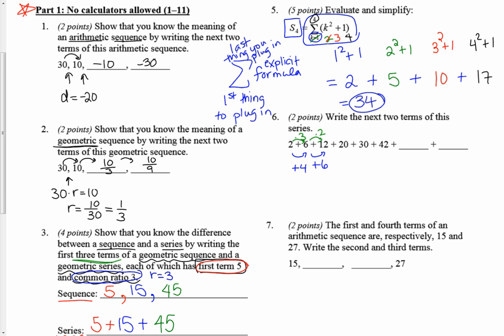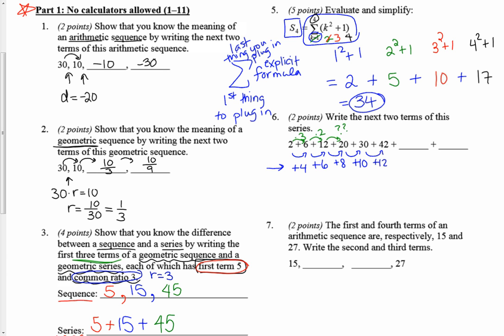If I continued this multiplication pattern, 12 times what gives me 20? This does not look like it's going that way. But if I look back at my addition problem, I started out with 2 plus 4 gave me 6. Then 6 plus 6 gave me 12. 12 plus 8 gives me 20. 20 plus 10 gives me 30. 30 plus 12 gives me 42.